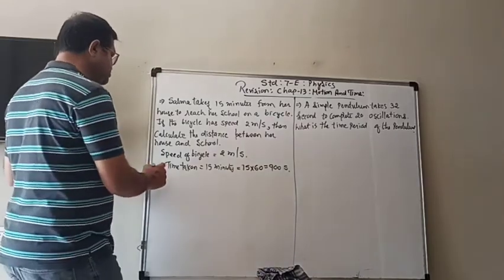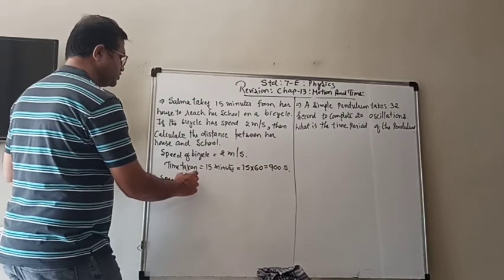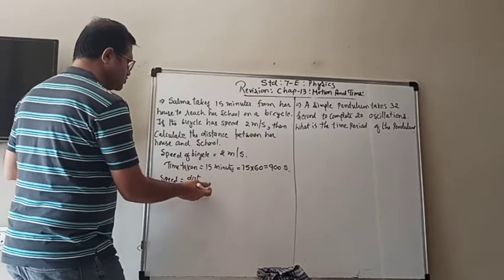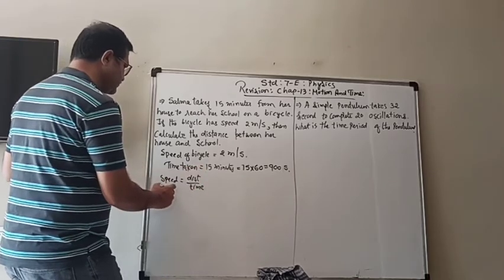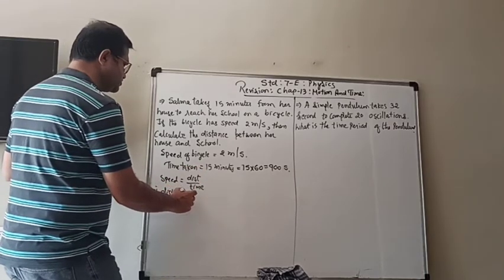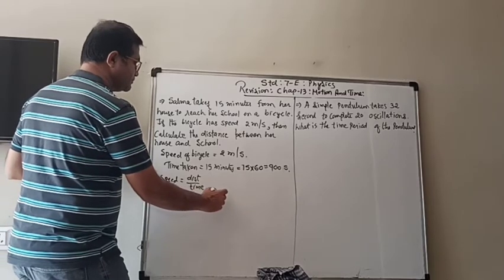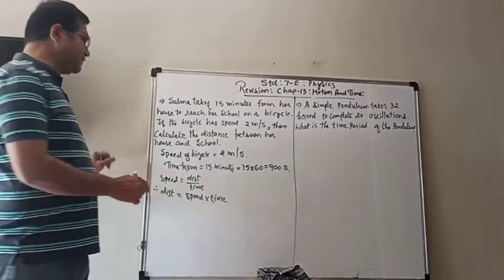So now we know that speed is equal to distance divided by time. So if you take time this side, you will find the distance. So therefore distance is equal to speed multiplied by time. Distance is equal to speed multiplied by time.